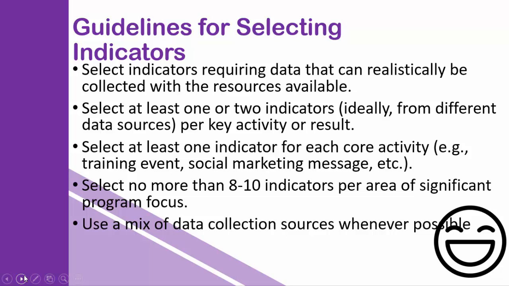So ideally, it is good to select one or two indicators. I think I'll go for two actually, because then you're simplifying things. If the worst gets to the worst, you can even have 4 indicators per result. But the point is that you don't want to overburden yourselves when the time comes to actually feed this information into a centralized system.